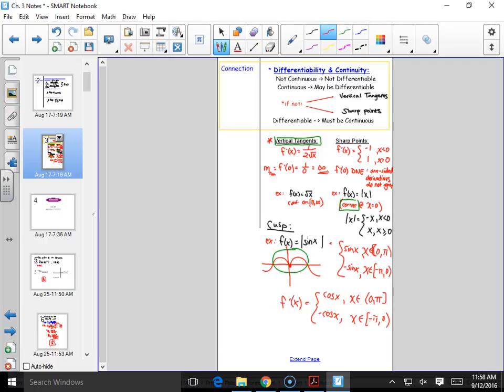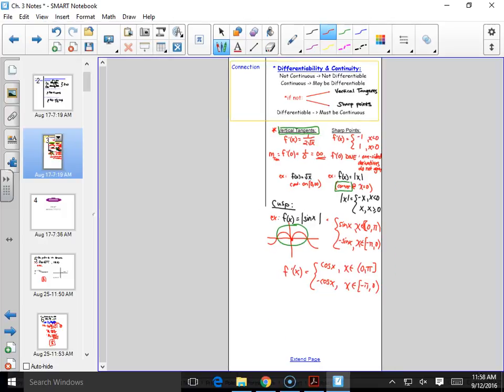But why did I leave 0 open? Because it's not defined there? Because the derivative is technically a limit, and as I come in from the right, what would be f prime of x as x approaches 0 from the right?